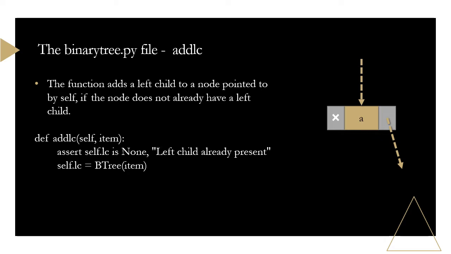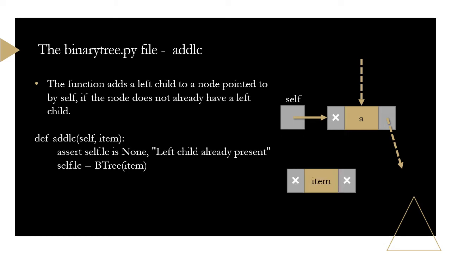If it already has a left child, then we will not add the left child to it because this will overwrite the previous pointer. If you look at the code of the function, you will see that it first asserts that there is no left child for the node pointed to by self. And if there is no left child as depicted in this diagram, then in the second line of the code, the init function of the BTree class is called and item is passed to it.